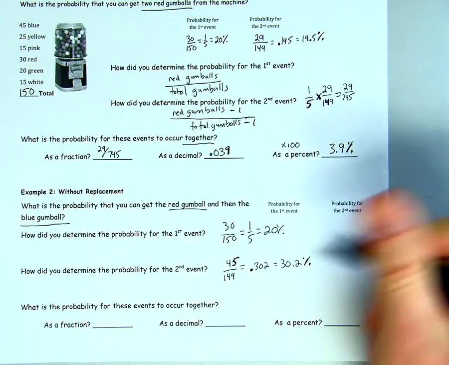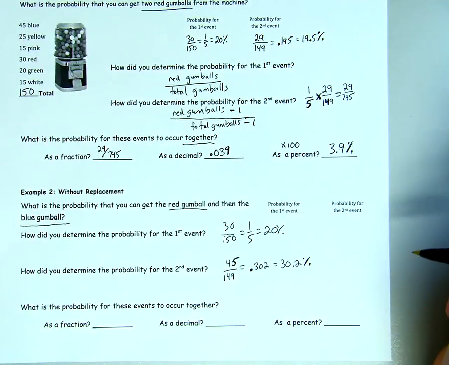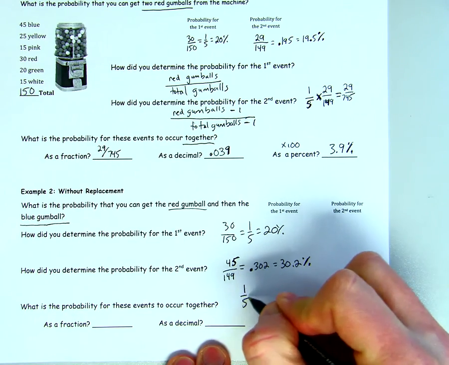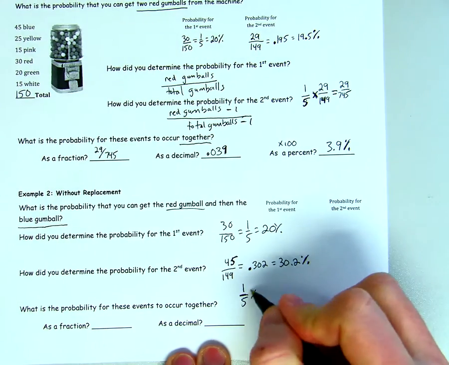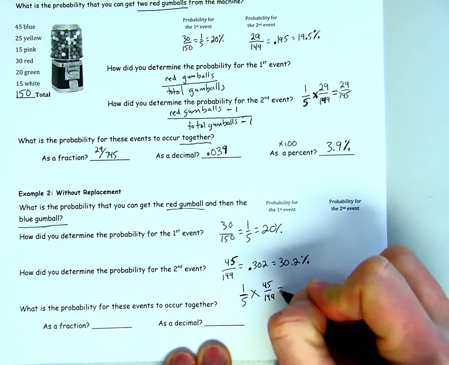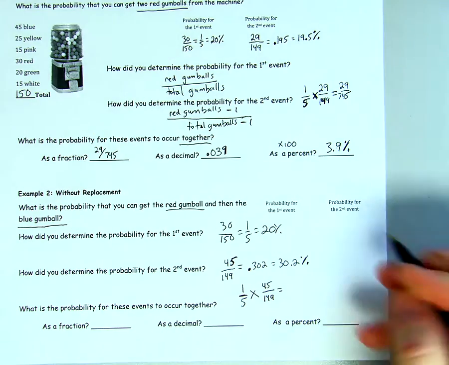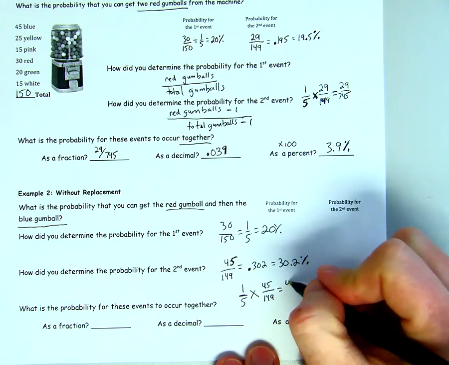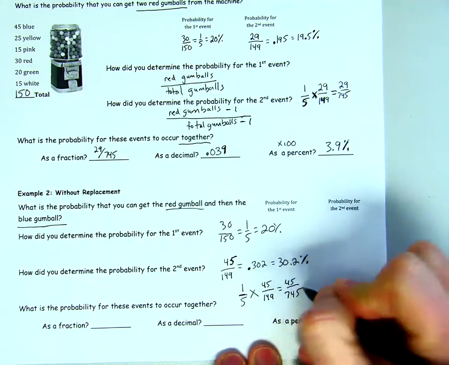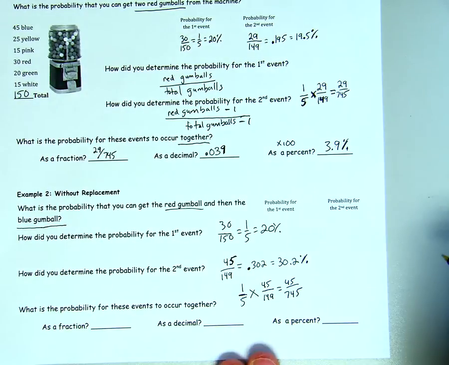Okay. And then what is the probability for these events to occur together? In order for them to occur together, I have to do my first one, which is my red, and my second one, which is my blue. And I'm going to multiply those together. So when I multiply them together, I get 45 over 745, 5 times 149.